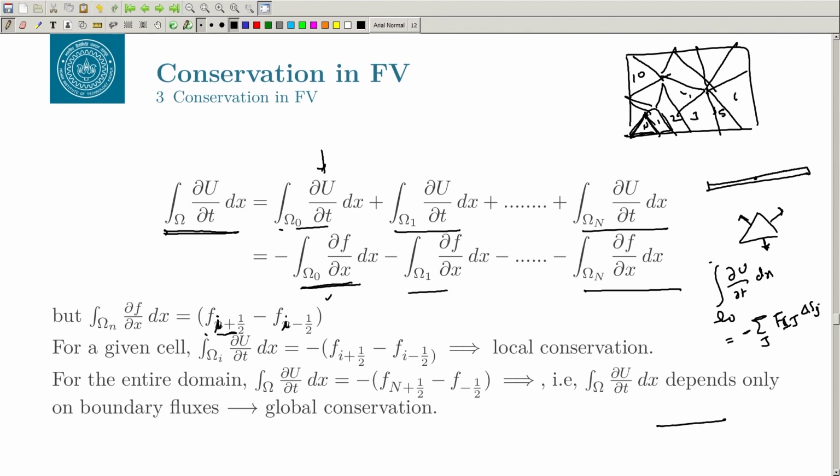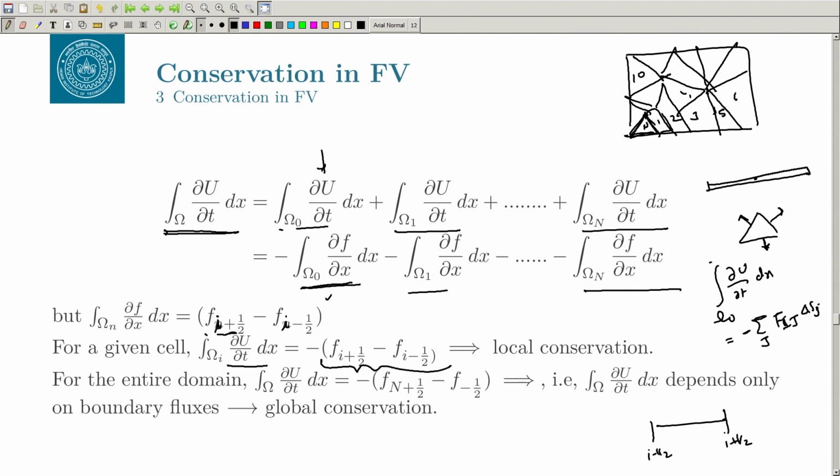If it is 1D, then you can just see that this is my I plus half and this is I minus half. You just have to consider the difference there. So, whatever change is happening inside the body with time is basically depending only on the boundary flux for that particular cell.